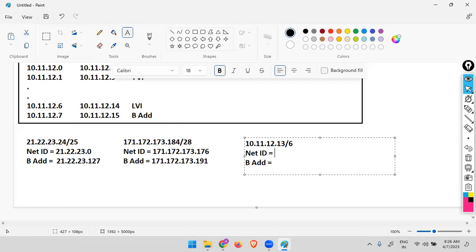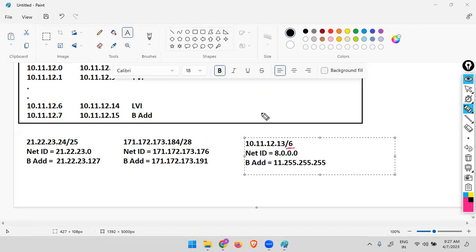Okay. So what will be the network ID? What will be the broadcast address here? 8.0.0.0 and 11.255.255.255. Is that? Okay. See here. What is the / value given? 6.